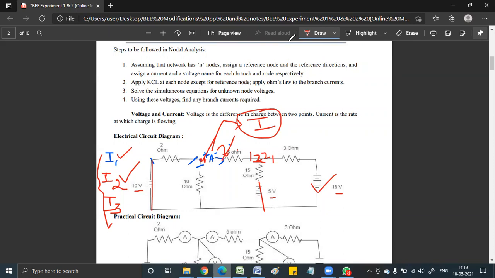In the first experiment we used mesh. Over here we are using superposition. It is not like you do some different analysis and your answer changes. No, it doesn't happen like that. The point that we have proven over here is that whatever analysis you do, your answer will remain the same, because ultimately you're finding the same thing through different methods.